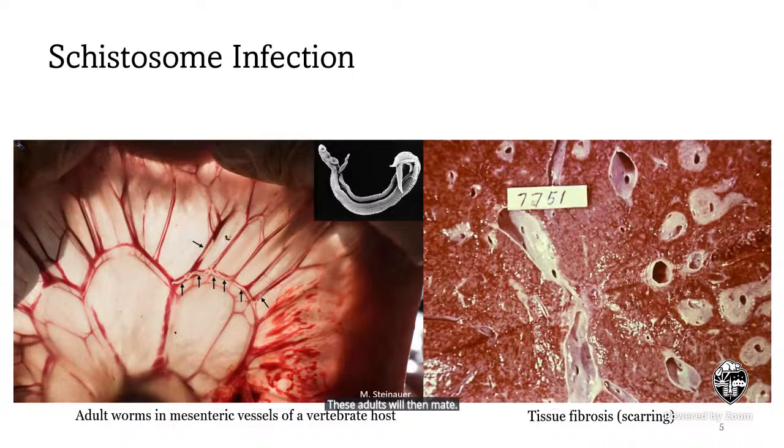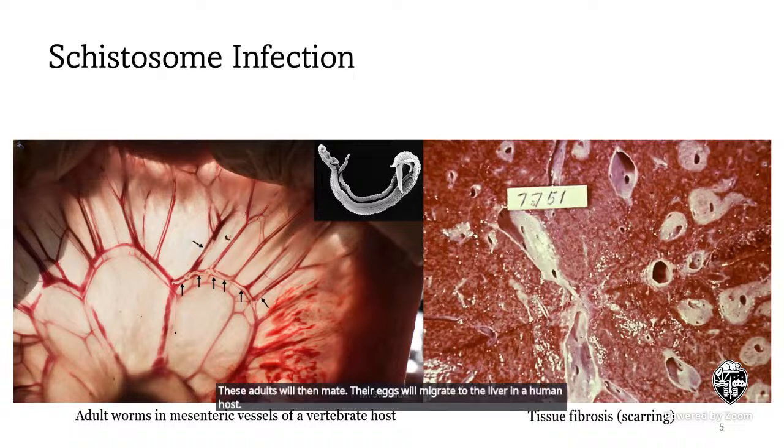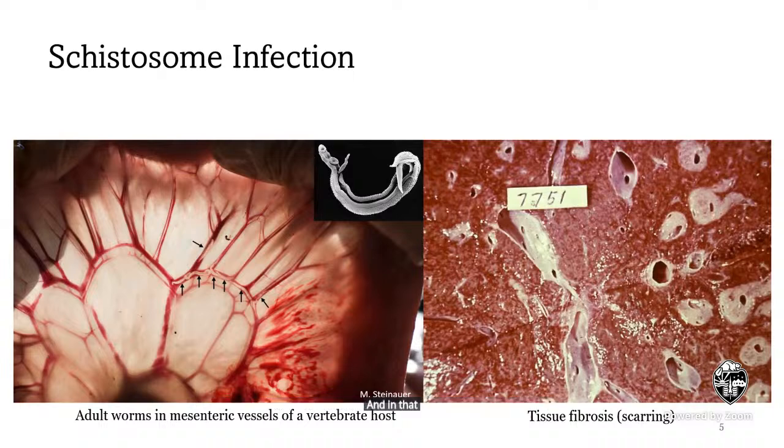Their eggs will migrate to the liver in a human host. The eggs will then try to traverse out of the organ to exit the human host. And in that process, it causes severe tissue fibrosis or scarring of the organ. I'm not going to share some of the other more gnarly symptoms of schistosomiasis. If you want to do your own research, I'm going to leave that up to you.